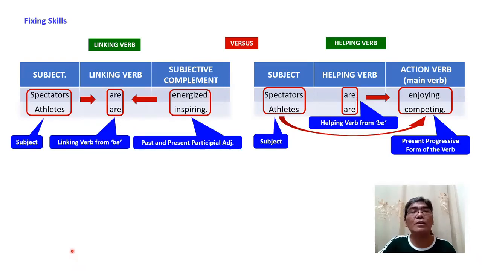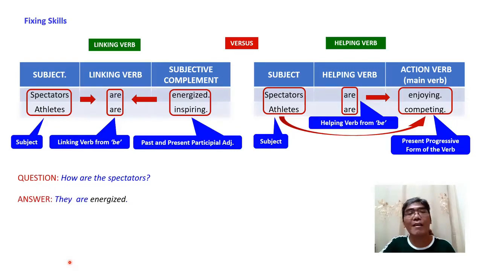For example, the first sentence at your left side, spectators are energized, can be formulated into question, how are the spectators? And this question is answered with a statement, they are energized.